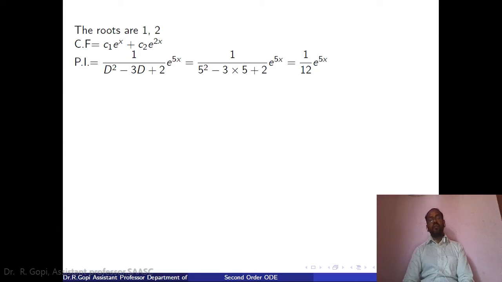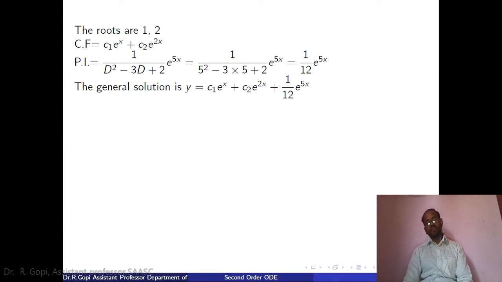The given differential equation is non-homogeneous. The general solution is y equal to complementary function plus particular integral. So the complementary function is c1 e power x plus c2 into e power 2x, plus the particular integral 1 by 12 into e power 5x.